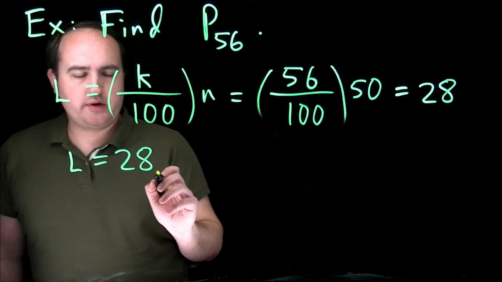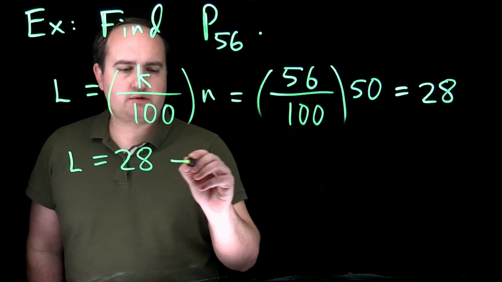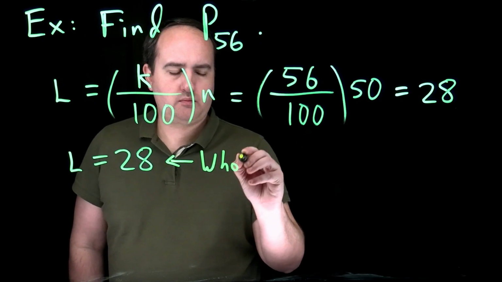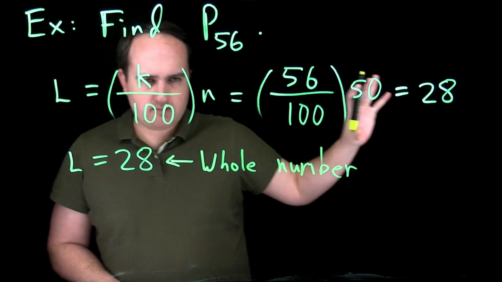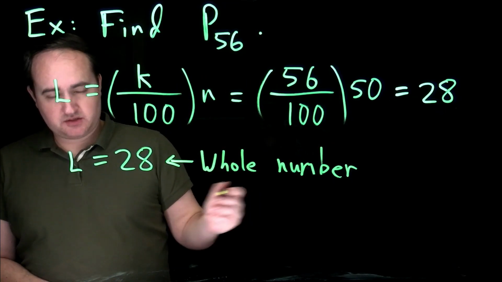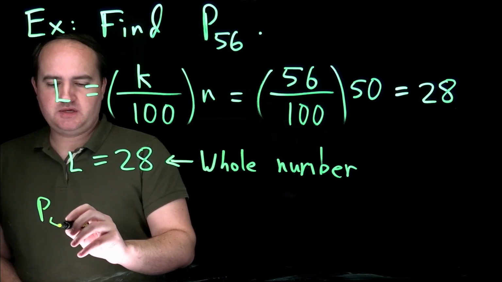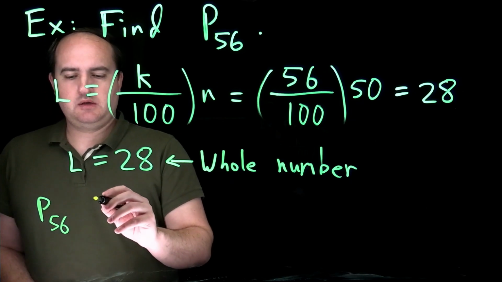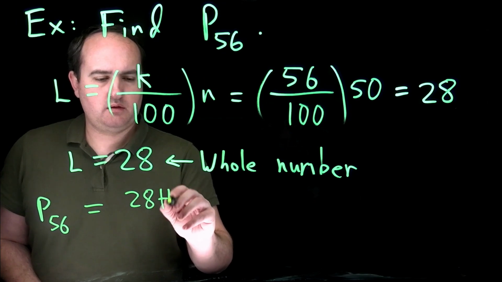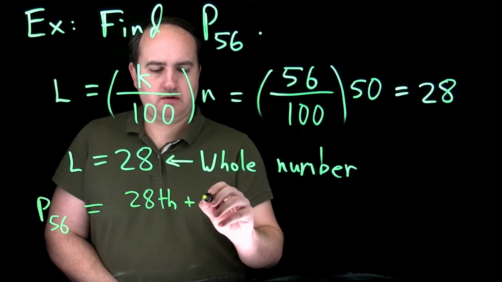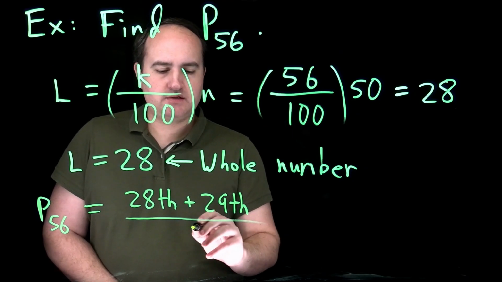So because our locator is a whole number, that means we're on the right side of the flowchart in the green box. And following those instructions, P sub k, which is going to be P sub 56, is going to be really the 28th value plus the next one, which is the 29th data value, divided by 2.